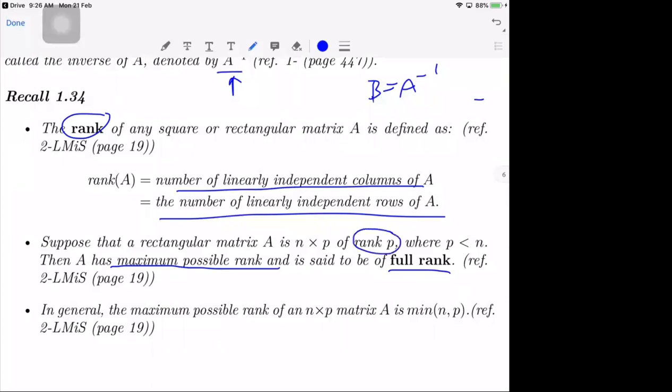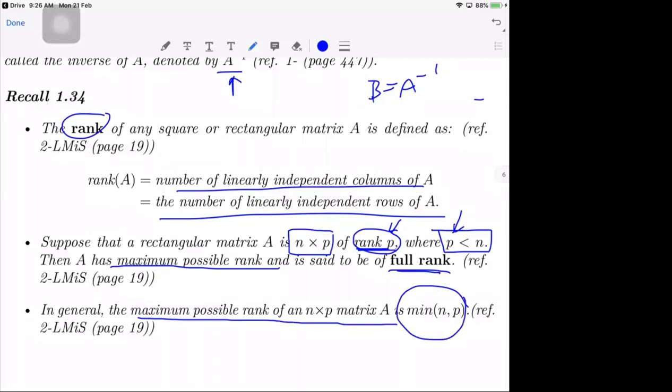So if the rank of A is P, then A has the maximum possible rank, when P is less than N. So with your N by P matrix A, when P is less than N and that is its rank, then we call your matrix A full rank. So in general, the maximum possible rank of an N by P matrix is whichever is the minimum between N and P.